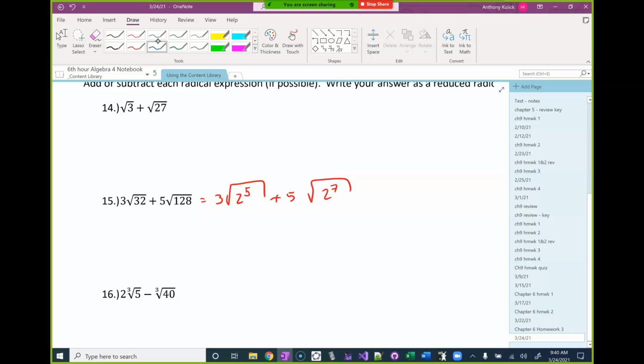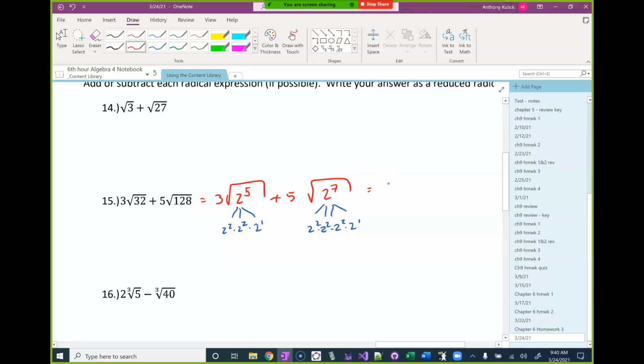To reduce the radical, I'm looking for packets of 2. So 2 to the 5th is really 2 packets of 2, and then just a packet of 1. 2 to the 7th is 3 packets of 2, and then a packet of 1.